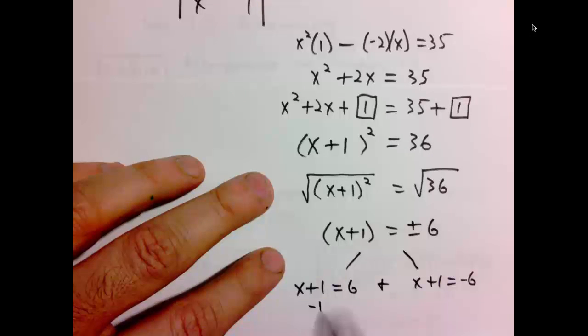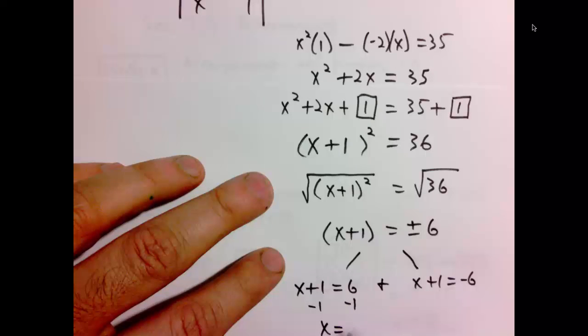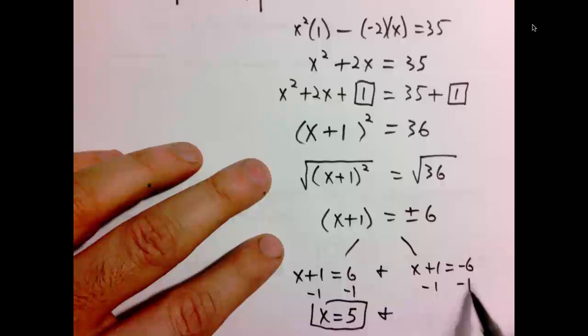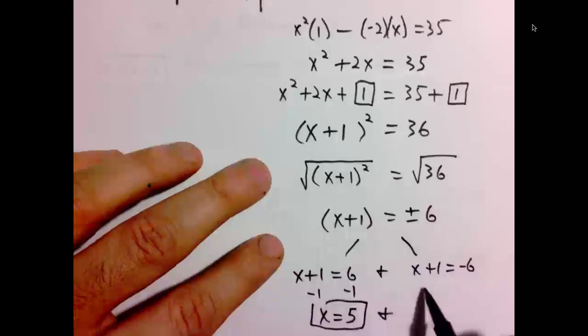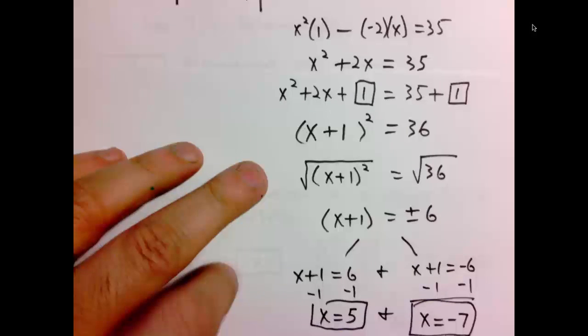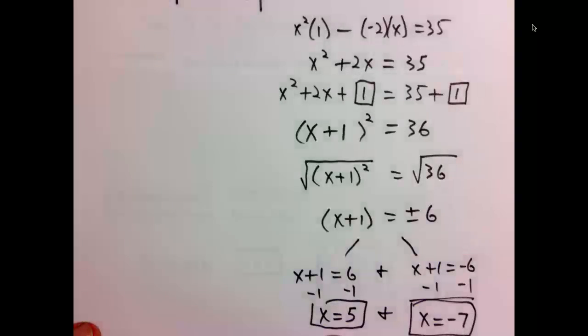Subtracting 1 from both sides gives us x is 5, and subtracting 1 from both sides gives us x is minus 7. All right, those are your two solutions. X is 5 and negative 7.